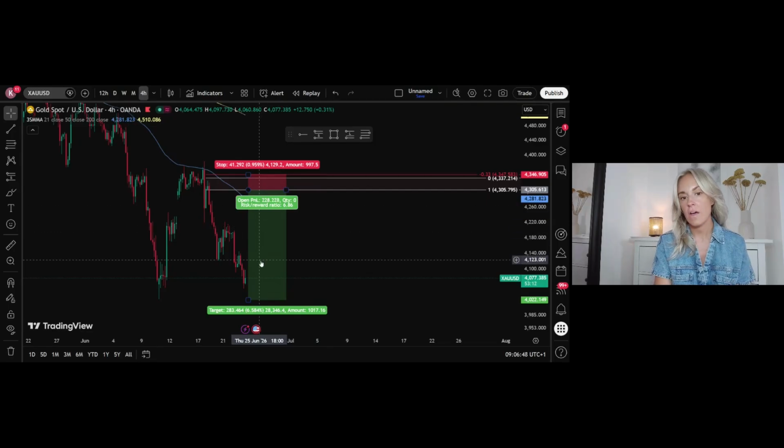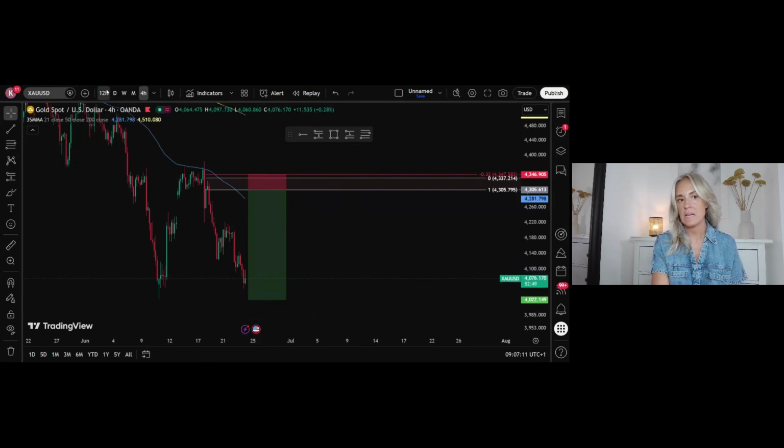So if I was right, I could be wrong, but if I was right in this trade scenario, this trade is a 1 to 6 risk to reward. So I'm risking 1% of my capital to gain nearly 7%. So it's a nice trade and it's not too far-fetched because it's on the 4-hourly.